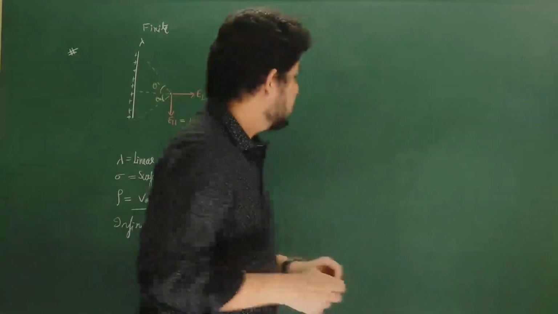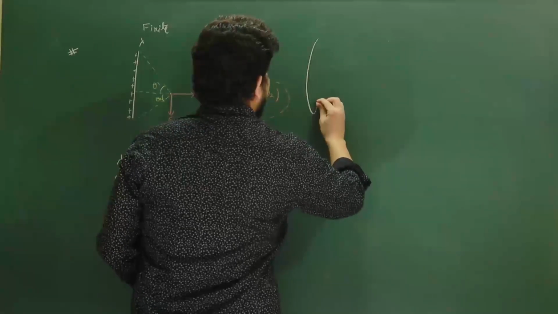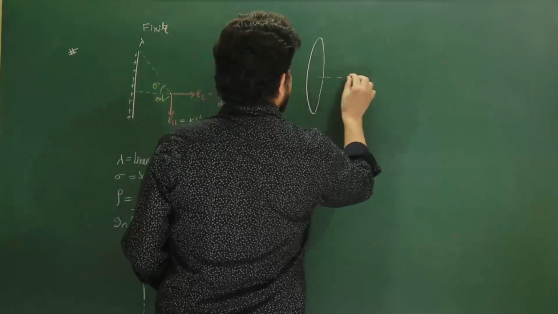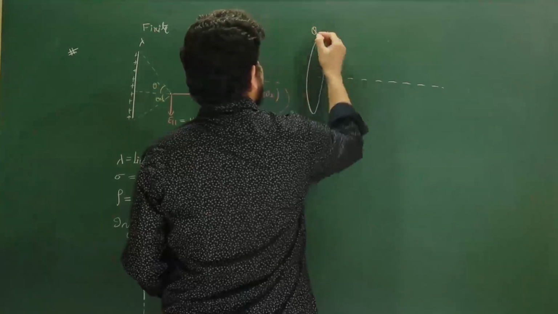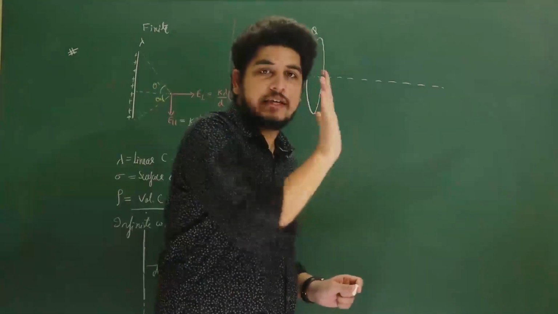Let's do some more problems on these types of concepts. Like, we have a ring, and the total charge on the ring is Q. This ring is in this plane. Getting my point?